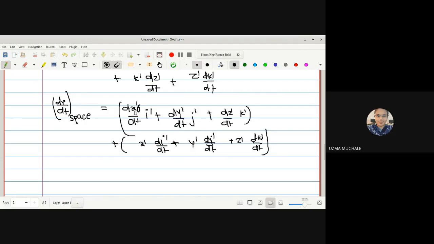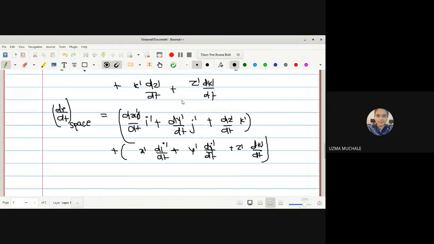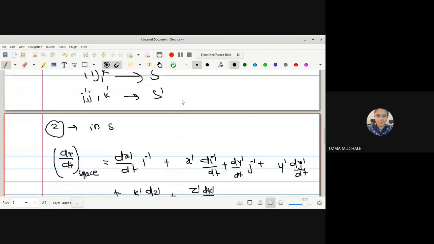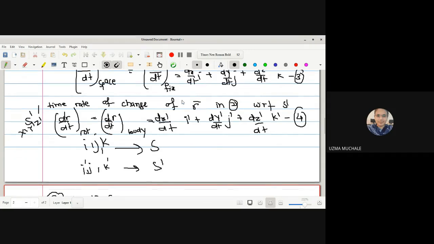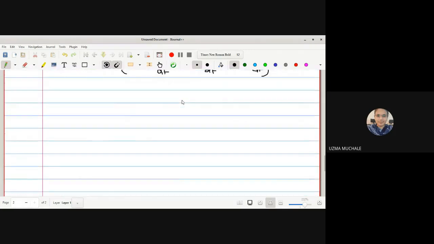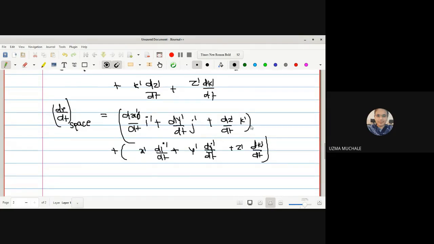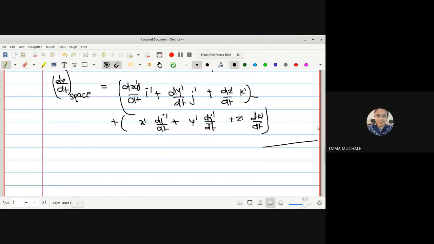Now you can see what this dx dash by dt i dash plus the rest is. You can see this from equation number 4, let me show you: dx dash by dt into i dash plus dy dash by dt into j dash plus dz dash by dt into k dash. So from equation 4 this whole term is dr by dt in the body set of axes.